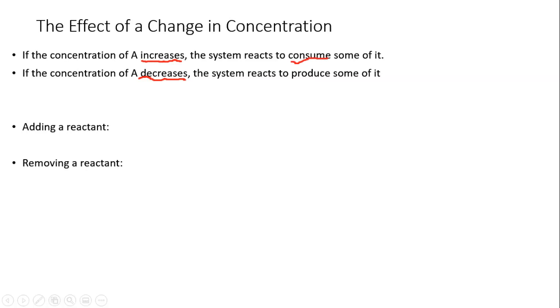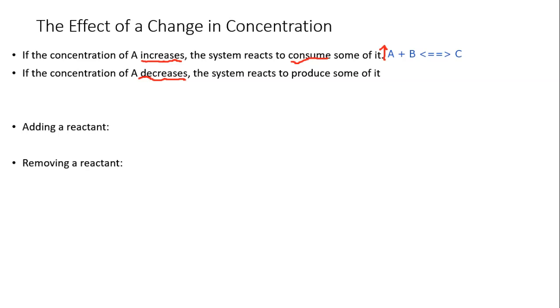So for example, if we have the equation A plus B yields C, if we increase A, so let's say we increase A's concentration, then the system's going to react to consume some of it.